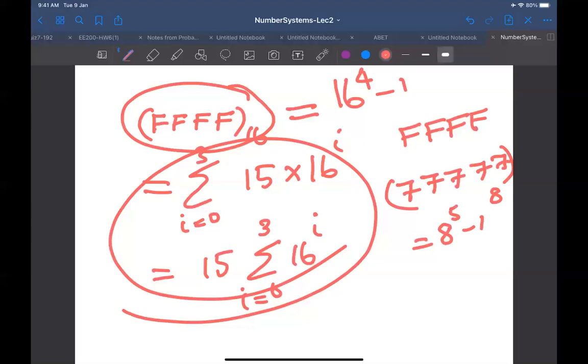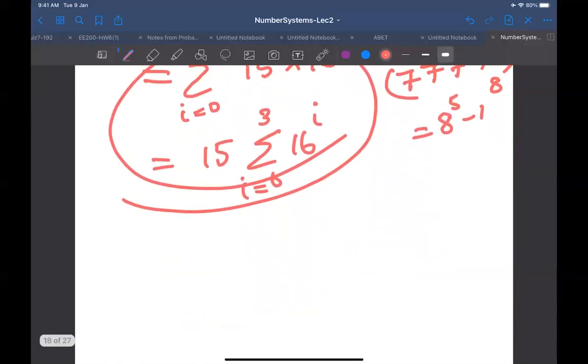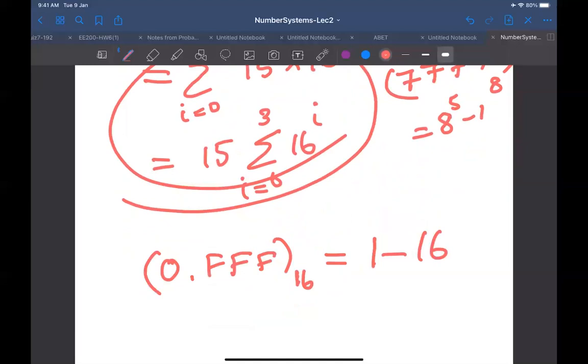Now if it is a fraction, there is another shortcut, which is what? If there is an FFF here, it's equal to 1 minus 16 to the number of fraction digits, but with a minus sign.